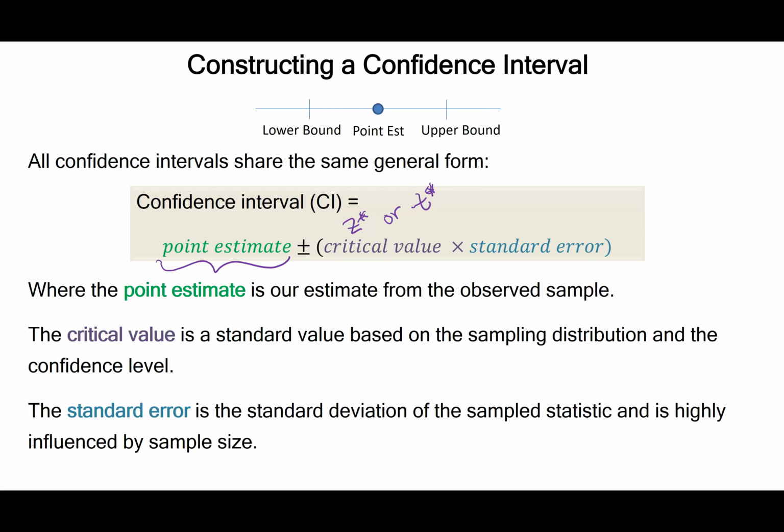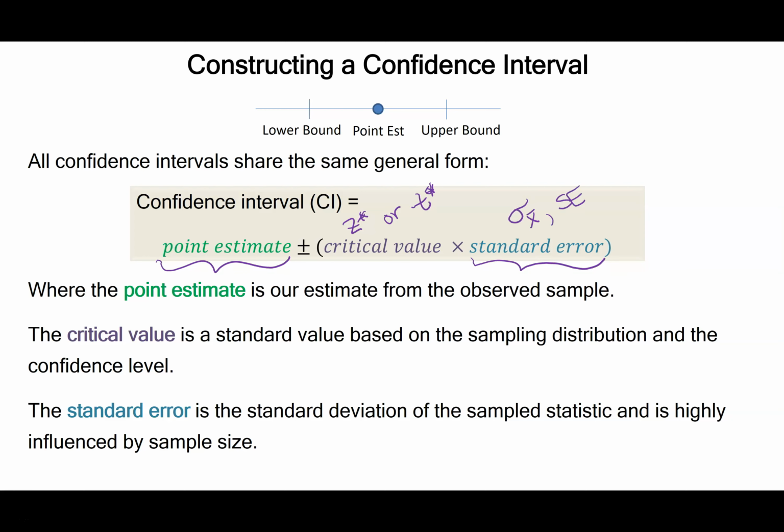And it's going to totally depend on whether or not you have access to population information about the standard deviation. Then times standard error. So this is saying, okay, if you're looking at the mean, sigma of x bar, if you don't know sigma, and so you're using the sample standard deviation, it's the standard error of x bar.